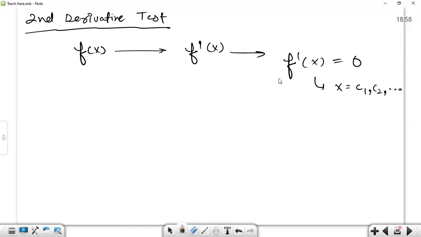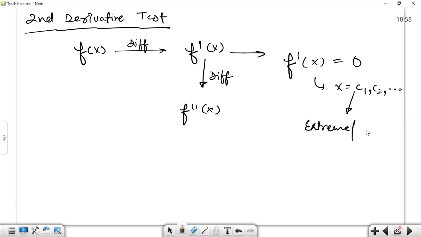Then differentiate it again with respect to x. Now these c's, known as extreme or critical points, are basically where the slope of the function at that particular point is 0, parallel to the positive x-axis.